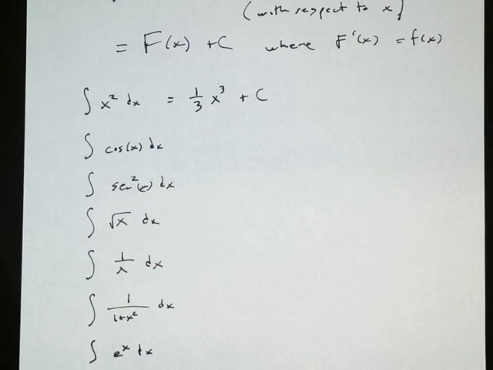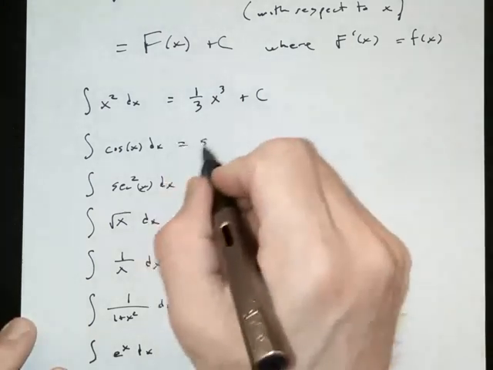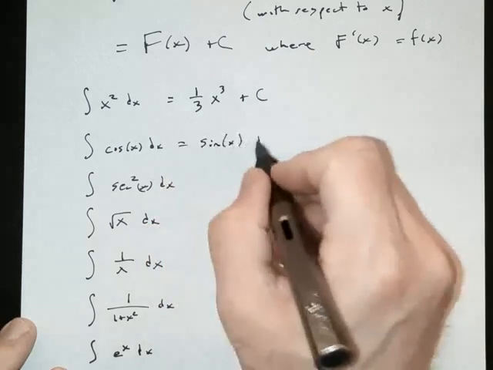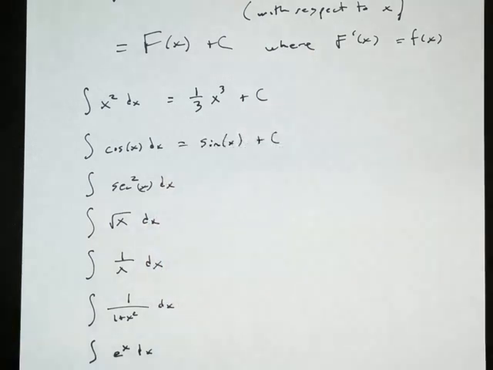You all have a trig formula derivative sheet. You don't have to have this memorized. That's important. What's something whose derivative is cosine? What's something whose derivative is secant squared?